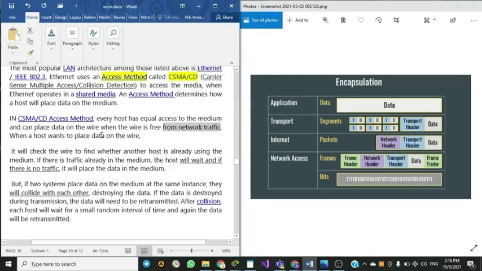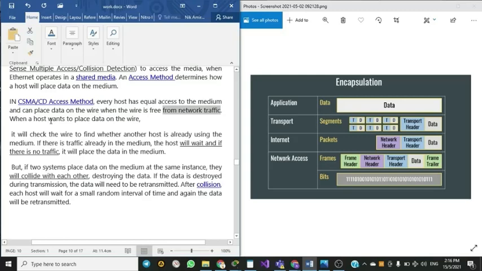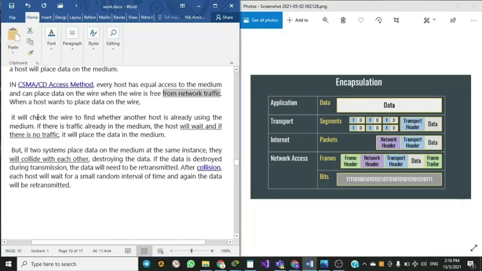When a host wants to place data on the wire, it will check if the wire is already occupied by other hosts. If it is, it will wait, and if there is not, it will place the data on the medium.